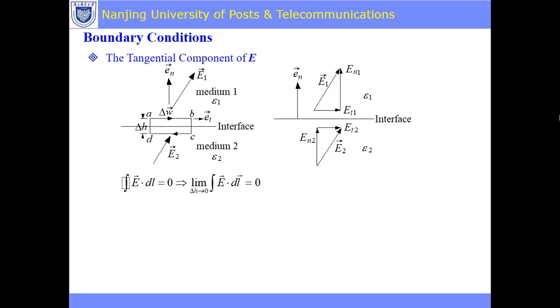Now here, this is the tangential component of E. You have a medium 1 and a medium 2. Of course, their properties are different.